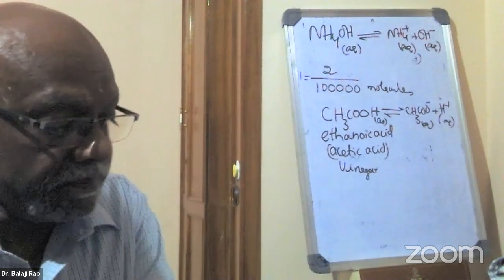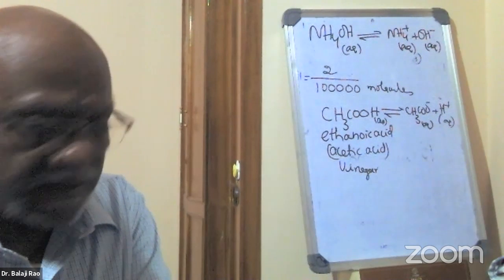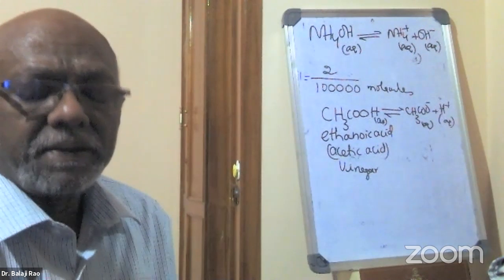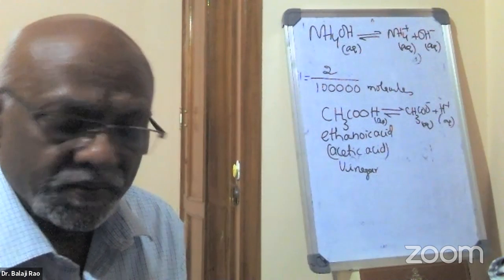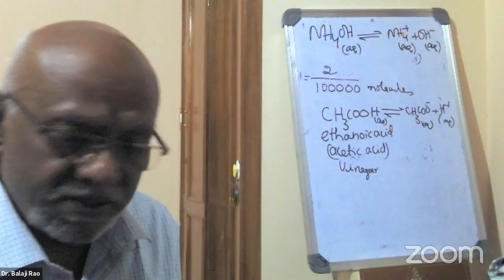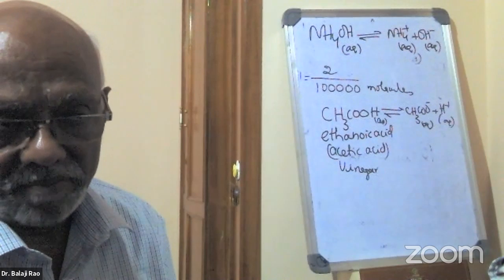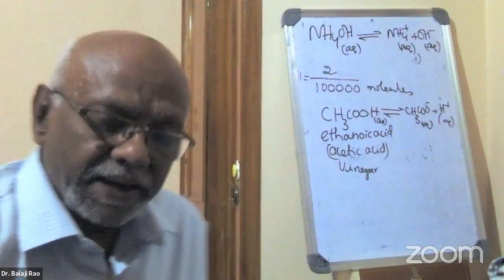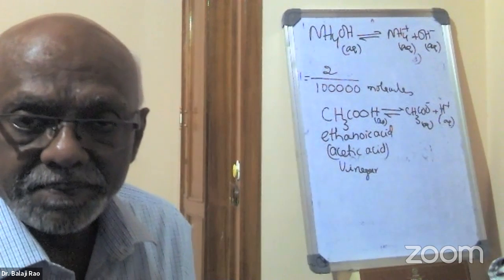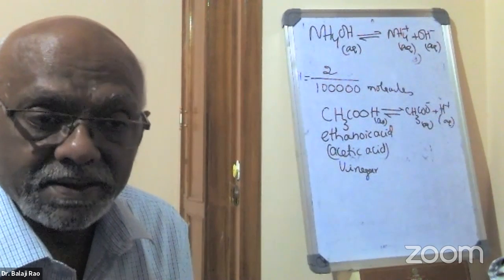Now, coming to other examples of strong acids, sulfuric acid is there, nitric acid is there, of course, hydrochloric acid. These are the common strong acids we come across. Weak acids are organic acids like acetic acid, formic acid, benzoic acid.